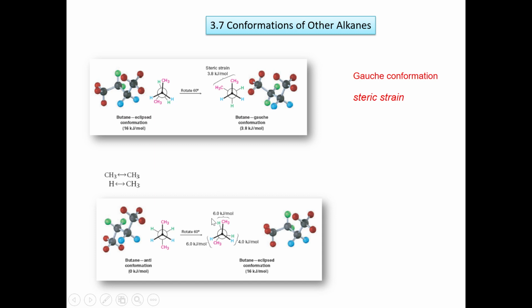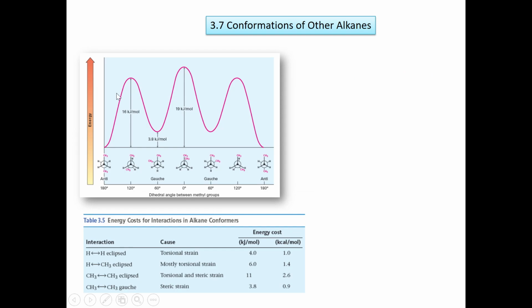If we continue the rotation, what we can find is this diagram. Here is the minimum, that is when the CH3 and the CF3 are in anti, and then we are rotating.